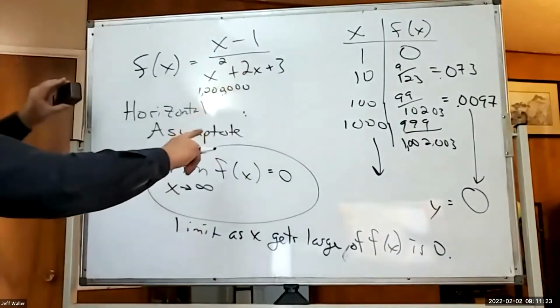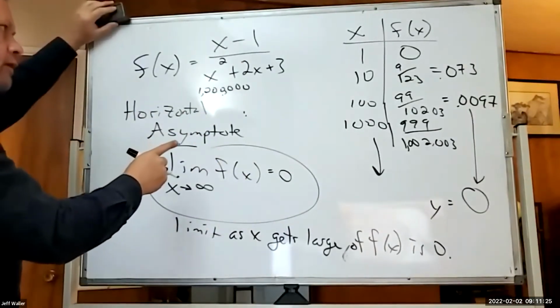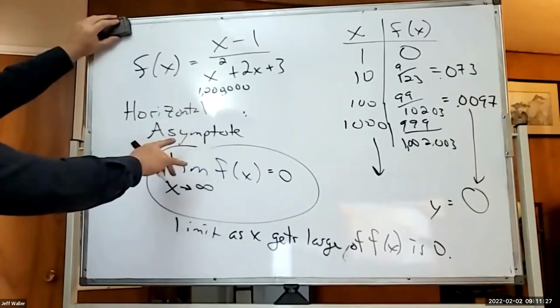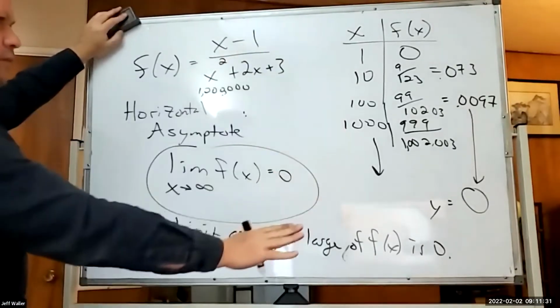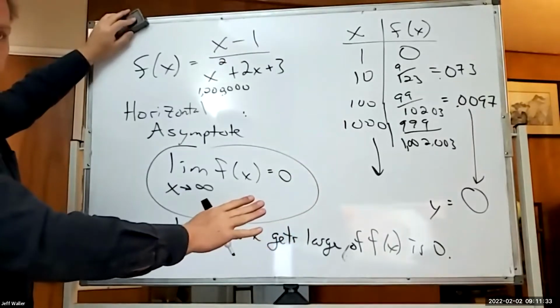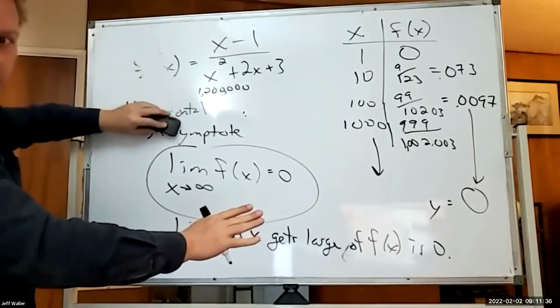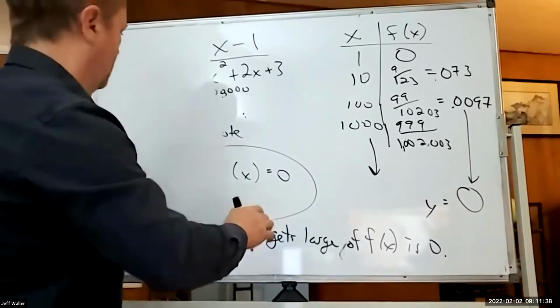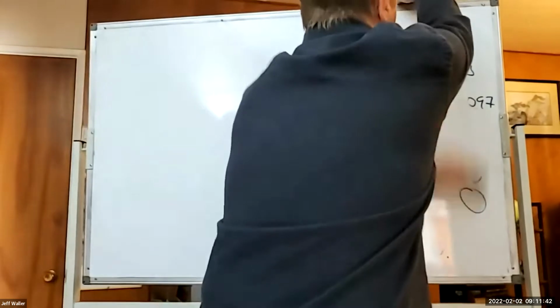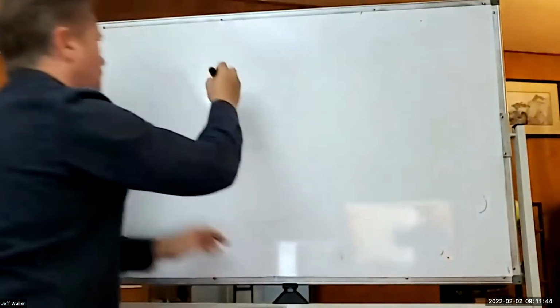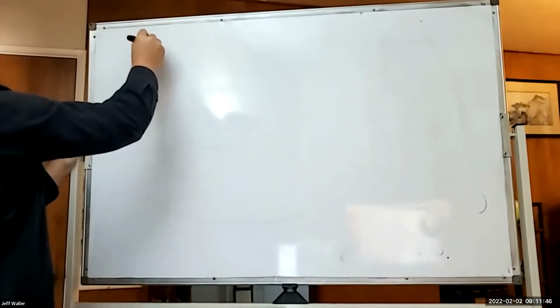So let me do one more example with a vertical asymptote real quick. Maybe I'll finish out horizontal just to remind you, because this is going to come up this semester. I'm going to erase all this. Everybody ready? Okay. So horizontal asymptotes.